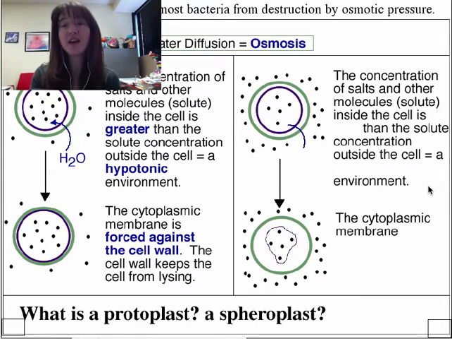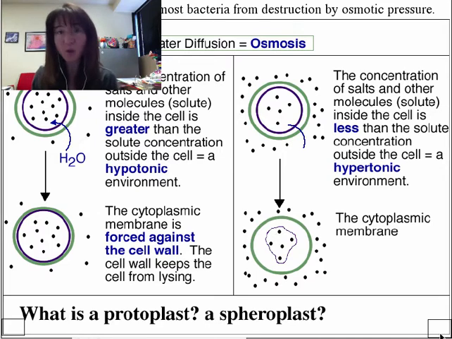So the preserving of meat through curing with salt works because of the opposite environment than we looked at before. That is, putting a ton of salt around a cell creates a hypertonic environment. In a hypertonic environment, the water is going to rush out of the cell, and the cytoplasmic membrane is going to shrivel, and we call that plasmolysis.